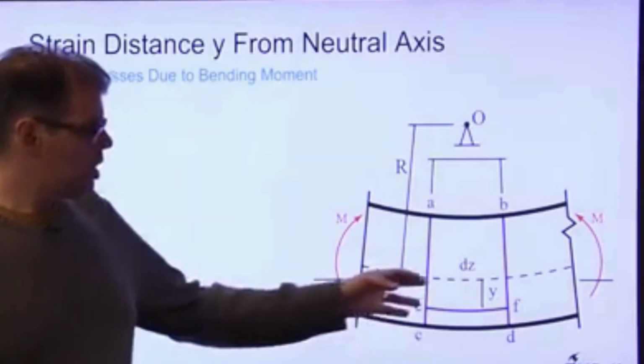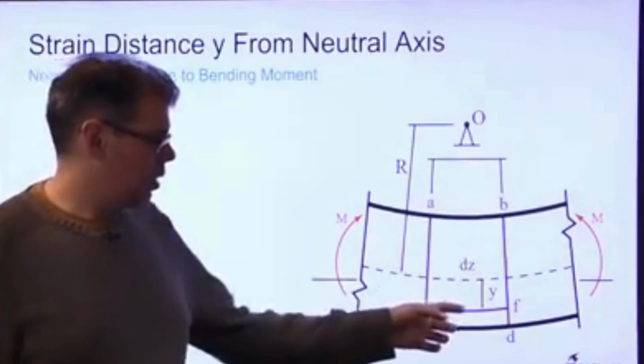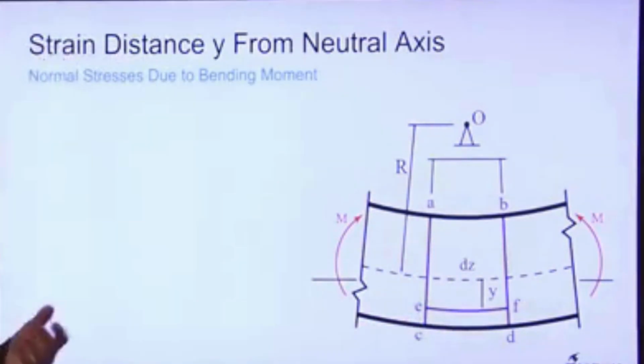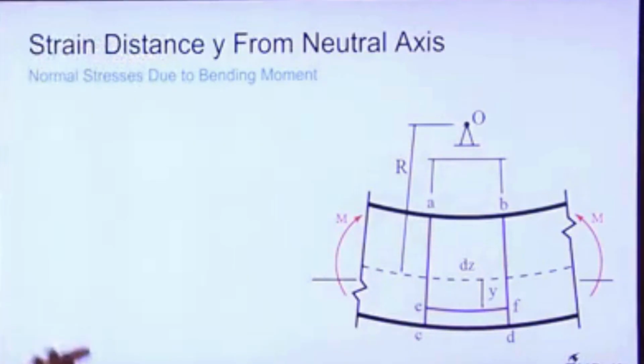So we're going to look at a position of distance y from the neutral axis, so in this case along fiber EF, and look at what kind of deformation occurs there. As illustrated here, we can see that EF is on the convex side of the beam, so we have an elongation. But we'll derive this in a general way. So we look at fiber EF, and the length of fiber EF is going to be the instantaneous radius of curvature at fiber EF times d theta.